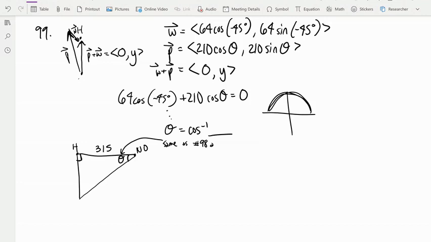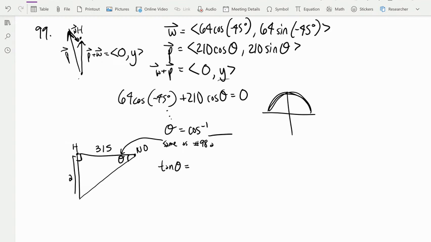And then I think you should just be able to use SOHCAHTOA, right? Tangent of whatever that theta is equal to, we'll call this y, although this is a different y than this one, so let's not call it y, let's call it a.